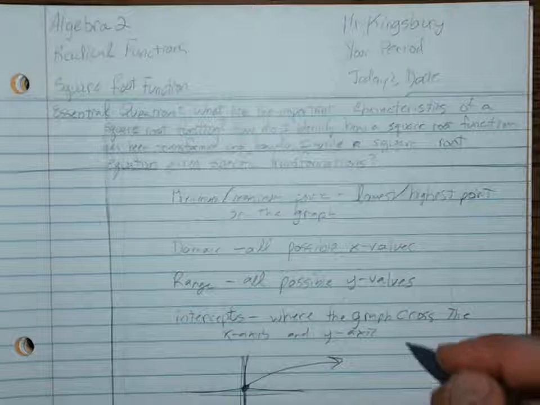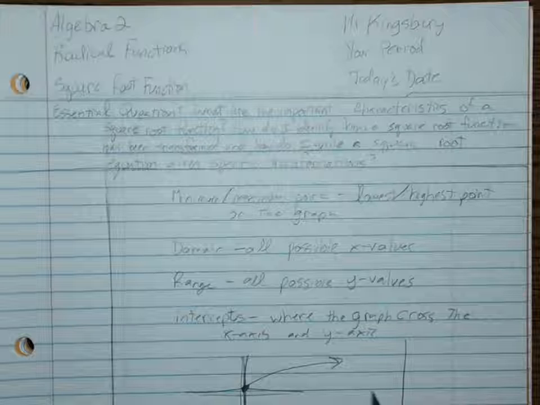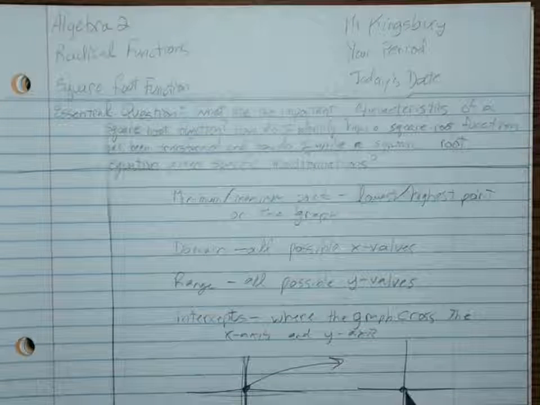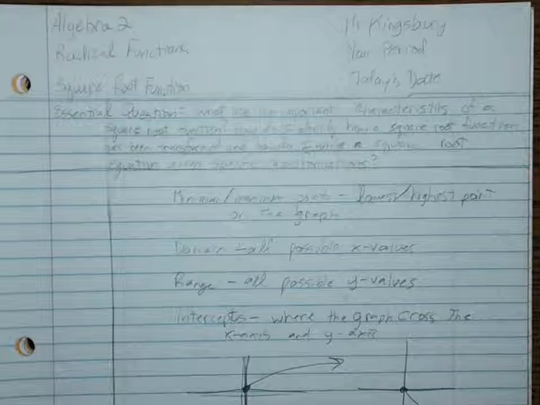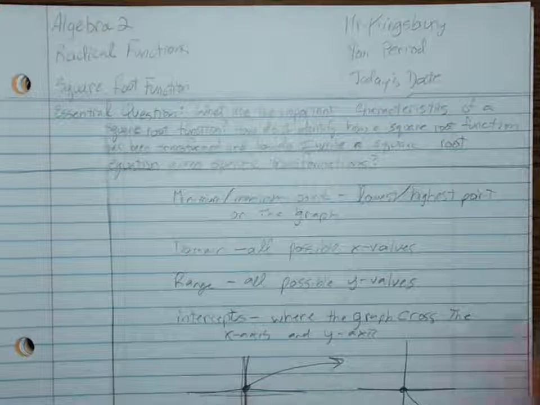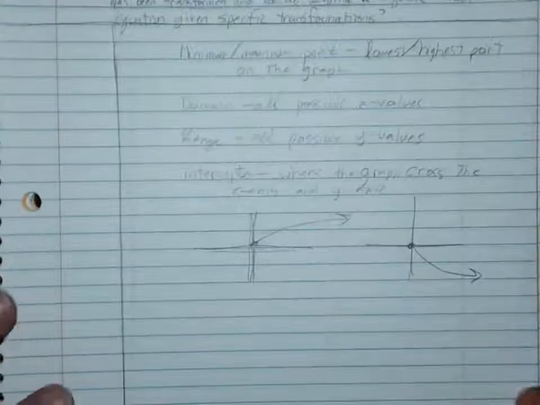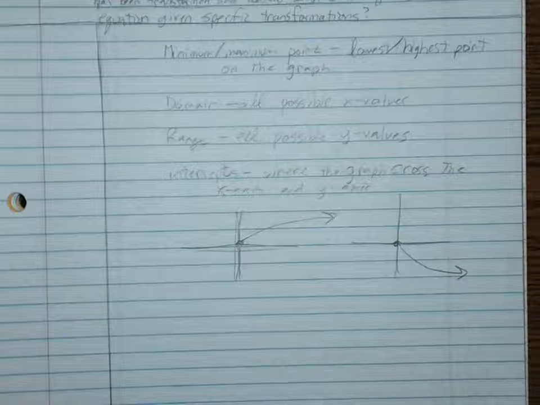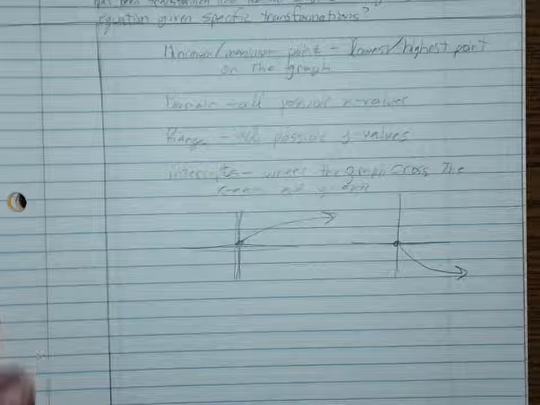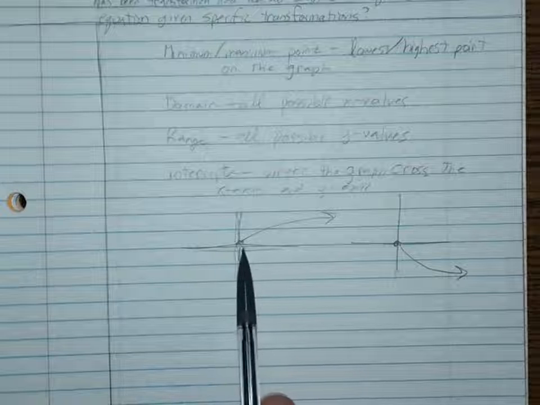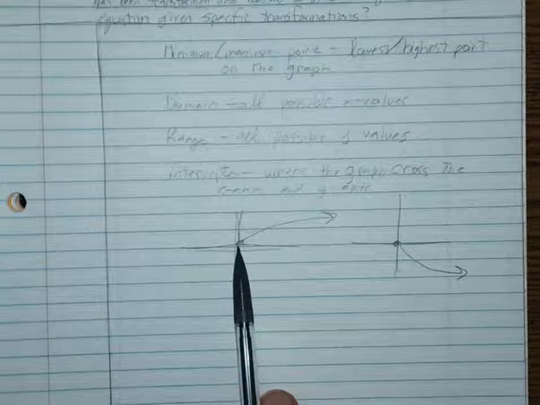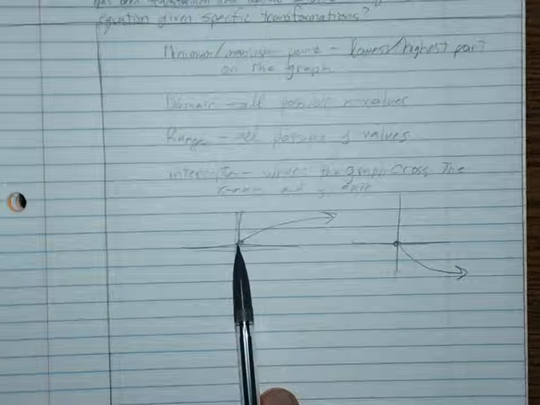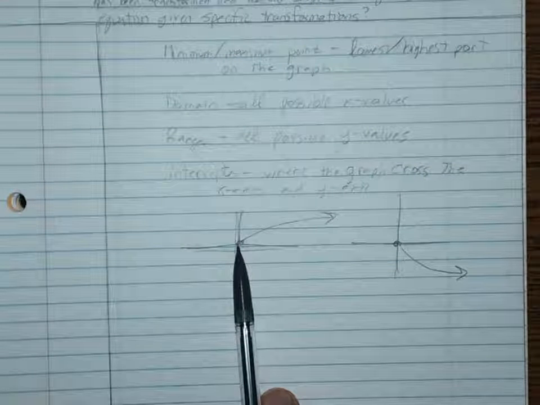If we were to flip it, if there was a negative in front of it, it could go like this. That's fine too. And of course, we're going to move it all over the place so that it can be in different places and you can have different intercepts and so forth. In this particular case, the minimum point, the x-intercept, and the y-intercept are all the same.